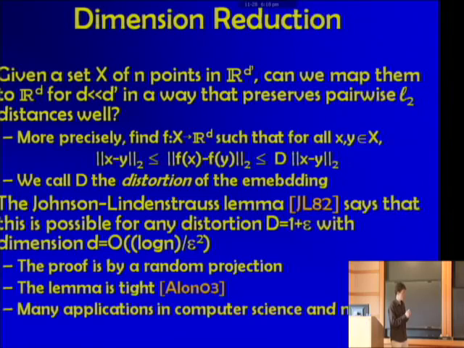In fact, if you want to preserve distances exactly, you can of course do that in n-dimensional space, right? Take the span of the points and imagine the points in their span. This would be a reduction to n dimensions. But here the goal would be to go into a much lower dimension, log n dimensional space. This is a very basic statement in this area.